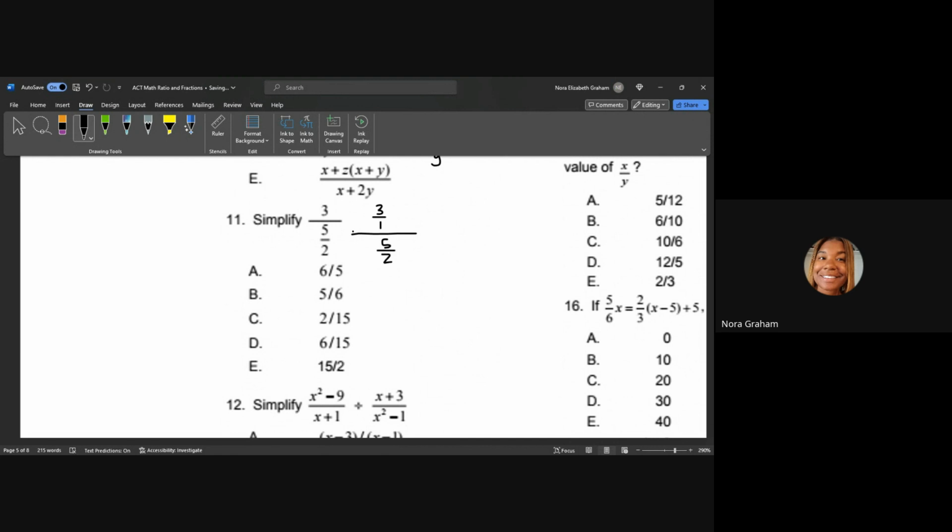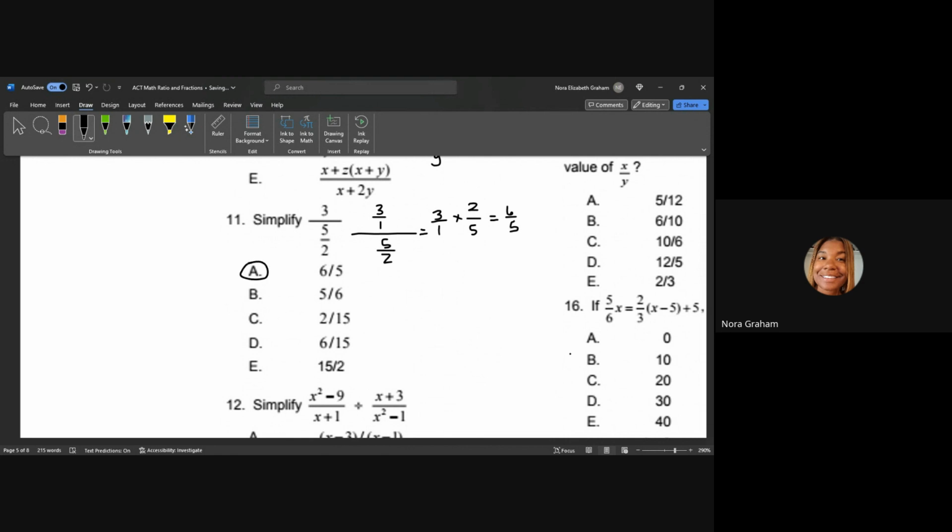So this is equivalent to 3 over 1 times, remember we change the sign when we're dividing fractions to multiplication, and we flip our second fraction, so 2 over 5. This is going to give me 6 over 5. So our answer would be A.